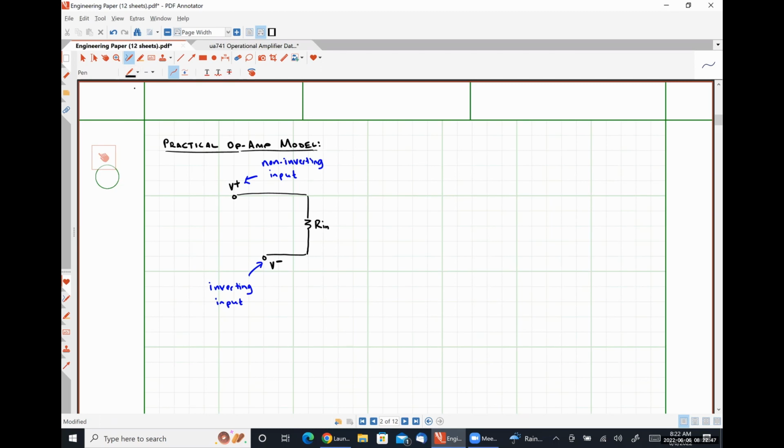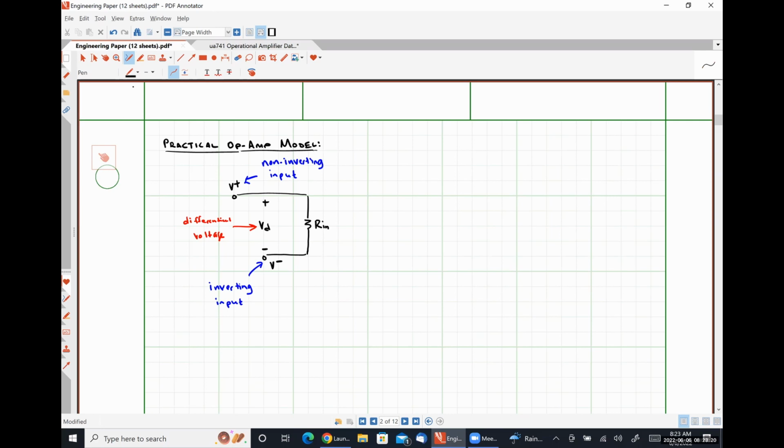And I'm going to call the potential difference between these two voltages VD, our differential voltage. So that takes care of the input side.